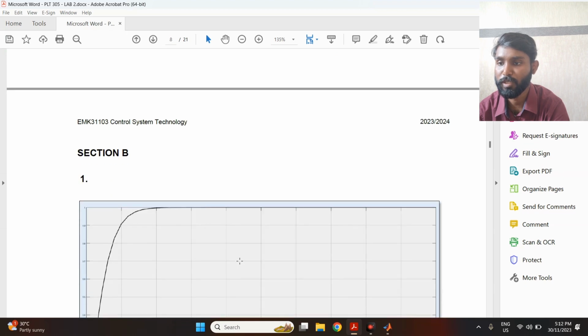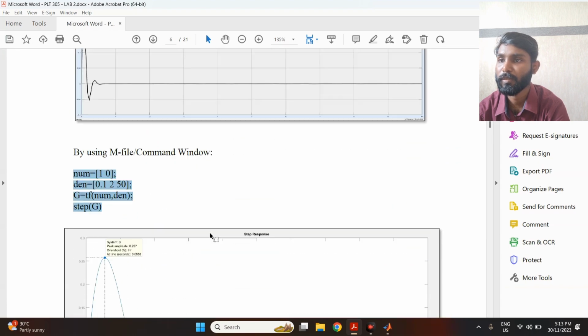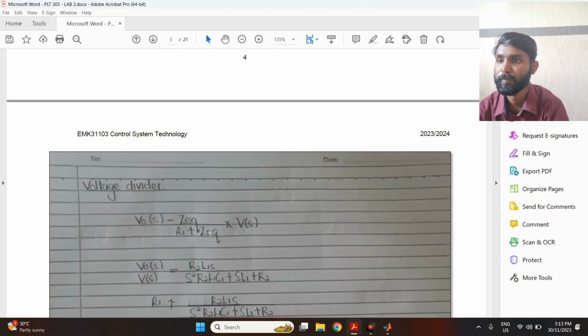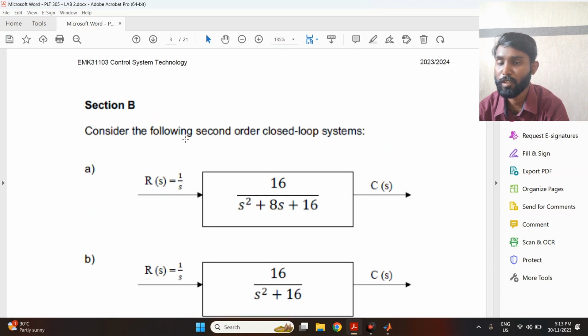So now let's jump to section B. For section B we have to consider the following second order closed loop system. This is 1 over S, 16 as the numerator, S square plus 8S plus 16 as the denominator, and this is CS.